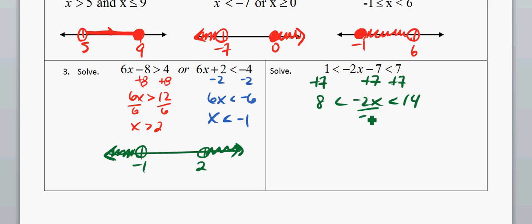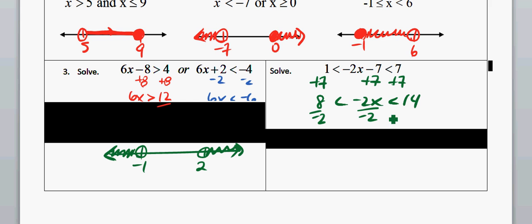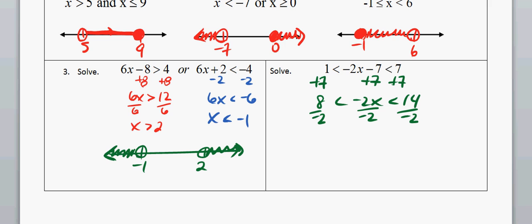When we divide by a negative here, we have to flip all of the symbols because we're dividing all parts by the negative. So it becomes -4 is greater than x is greater than -7.